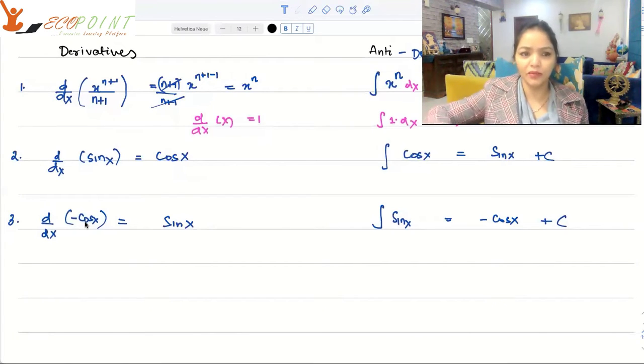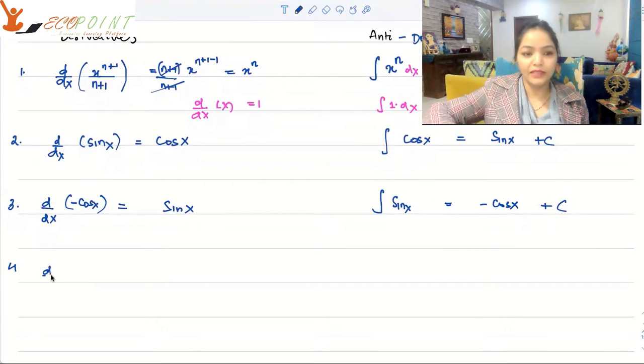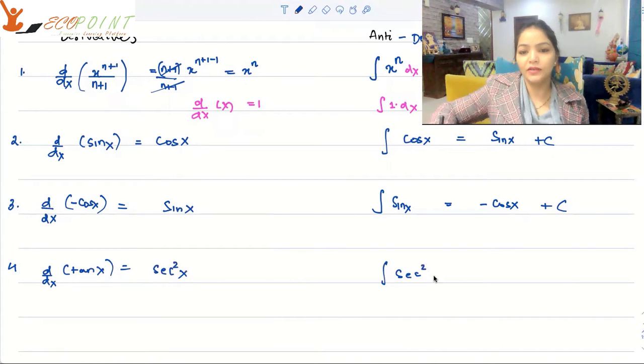Similarly, d by dx of tan x is secant square x. So the integral of secant square x is equal to tan x plus c. And there can be zillion such examples.